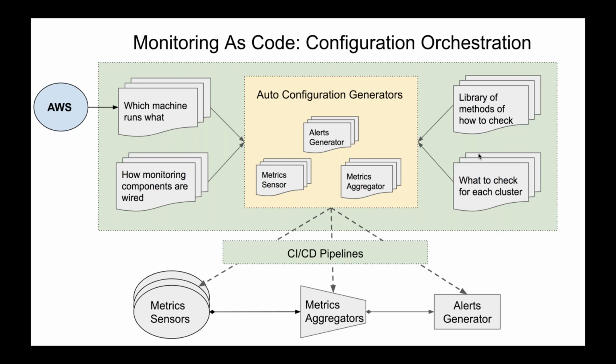And at the end, those configuration generators would generate configurations for all three types of monitoring components. And we automate this using CI/CD pipelines, so that anytime we change any of the configurations, or on the AWS side, any hardware machines are updated or changed, the changes can be pushed automatically by the CI/CD pipelines to the different deployed components, so that everything is in sync.